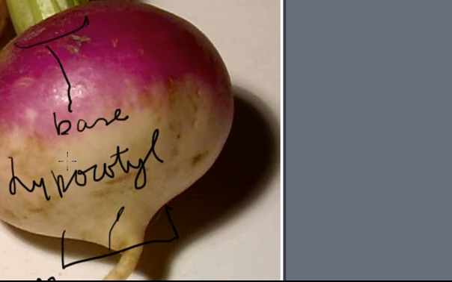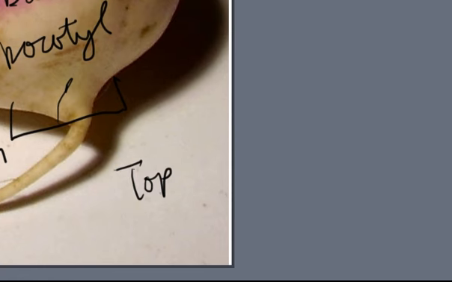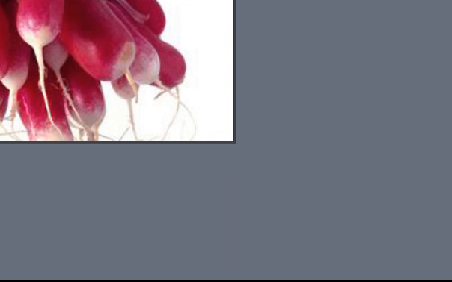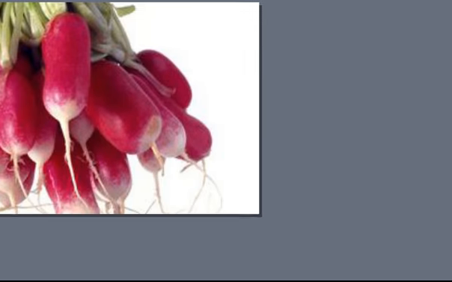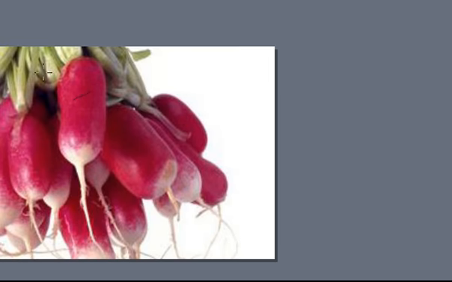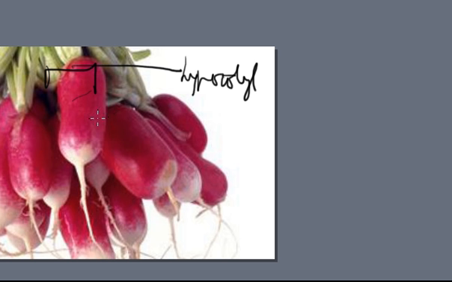So the next case we are going into is English radish. It's quite different from the Indian radish in the sense that the basal half, that's this portion, is actually the hypocotyl, and the apical half is an enlarged taproot.